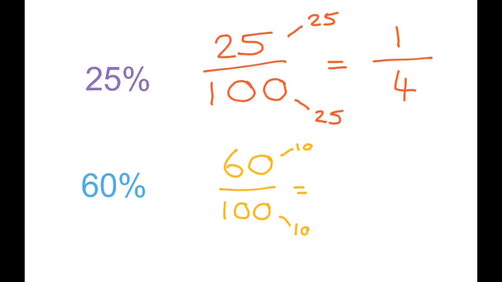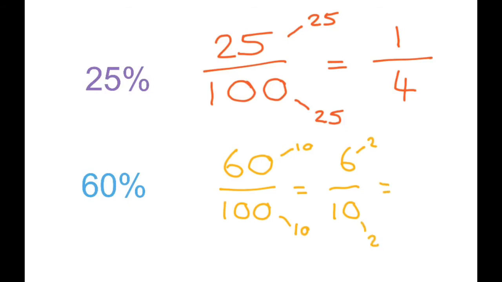I think 10 will go into both numbers without leaving any remainders. 10 goes into 60 6 times, and 10 goes into 100 10 times. Now I realise that this number is not simplified to its simplest form. There's still a number that can go into both of these and leave no remainders. That number is 2.